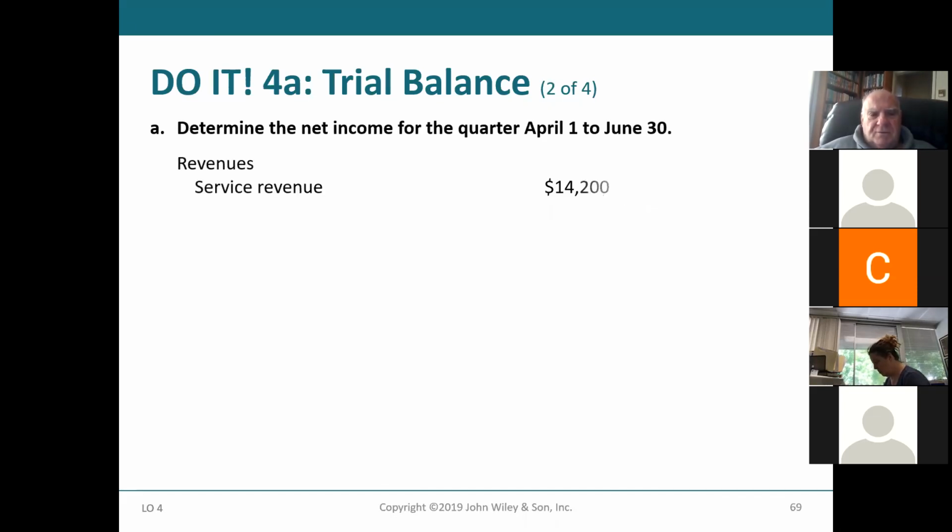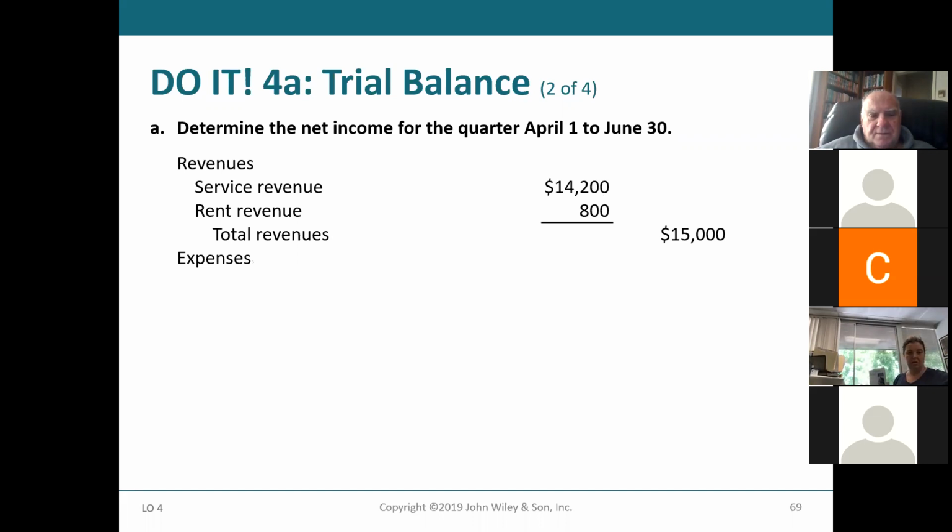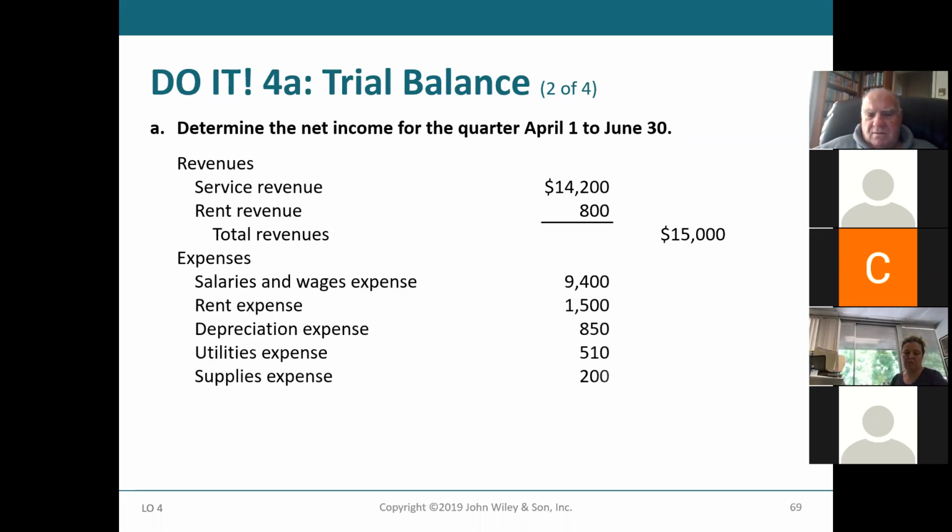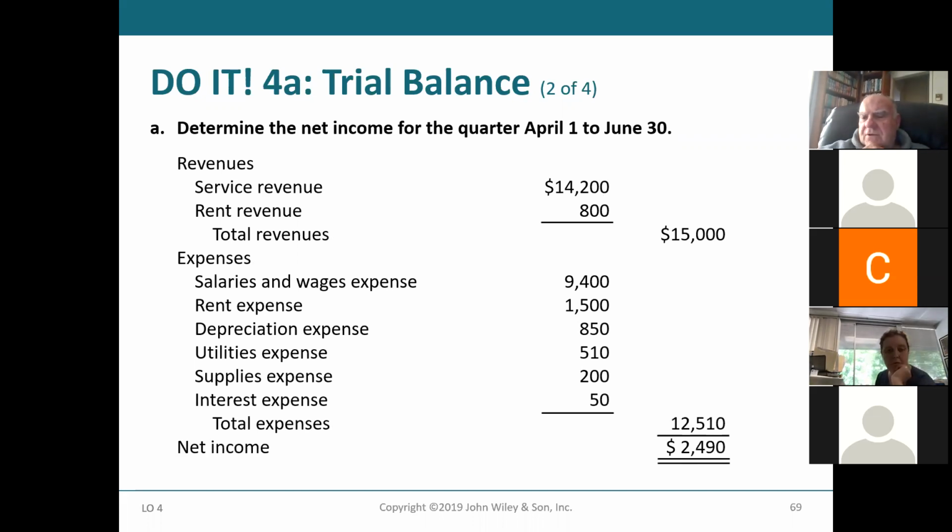Net income, revenues. That's how we started it off, right? Now you just start listing all your expenses. And isn't that a nice, neat looking income statement? This company earned a profit of $2,490. Now we're ready to do the retained earnings statement.